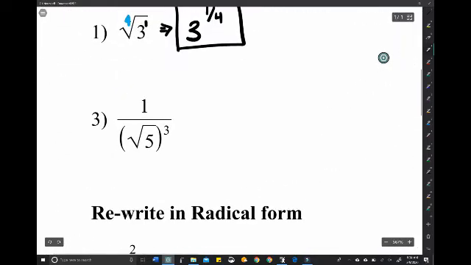Now, some funky things here. We have a fraction, and we need to remember that fractions in the exponent world refer to negative powers. So remember, if you had something like this, it was the same as b to the negative 1/4.